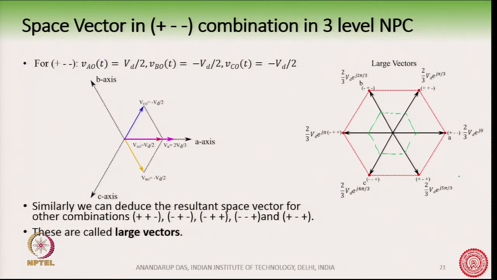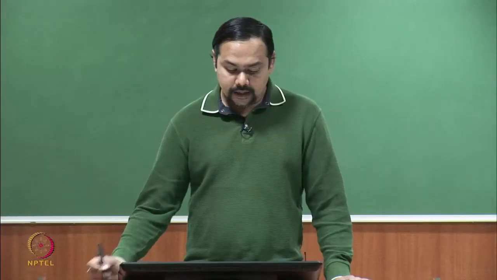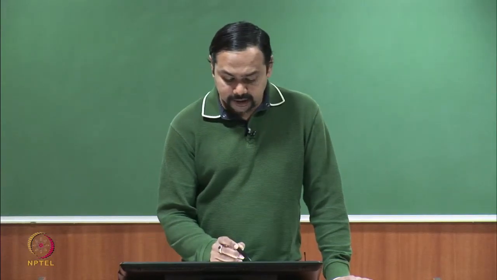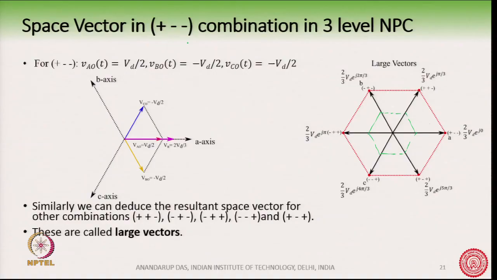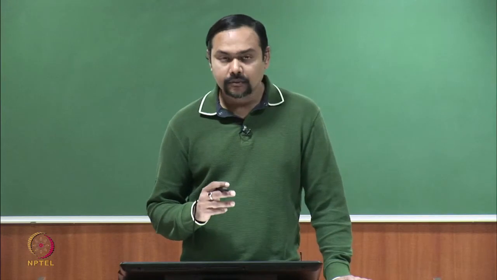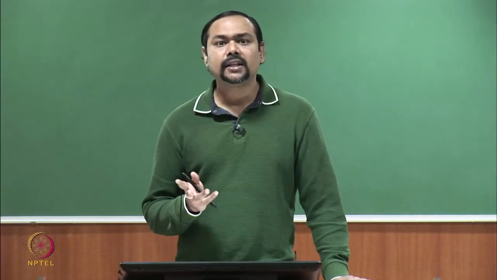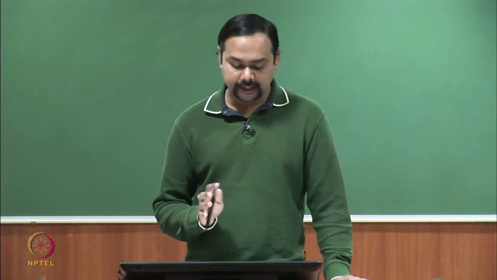These are called the large vectors, and these are typically formed with switching state combinations with one or two vectors as plus and the other vector as minus, like that.